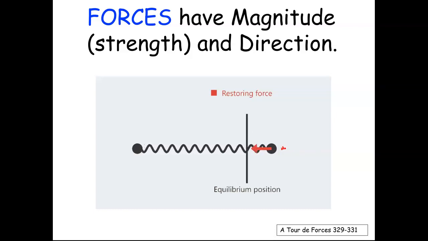At this point, it has the most potential energy, the point that it stops and goes back this way. You can see that the force is increasing and decreasing. So here the pull is the largest. So the arrow has to do with magnitude, the strength of the force.